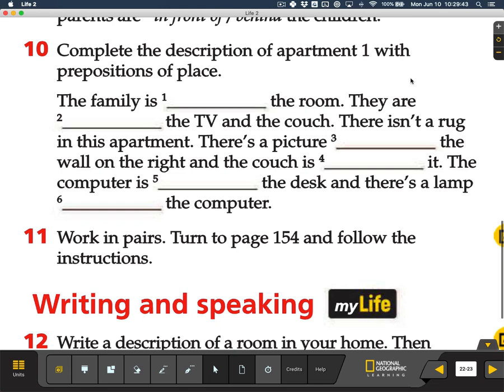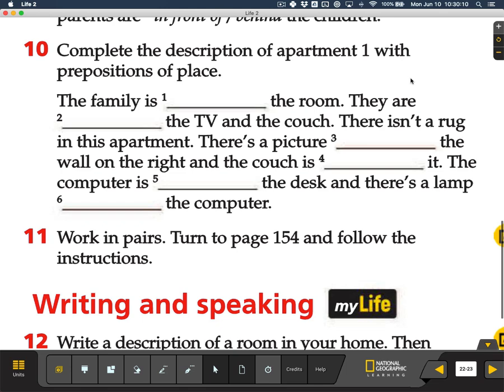There's a picture on the wall, good, on the right, and the couch is, so we're talking about a picture on the wall, and the couch is going to be under it, right? Or below. Under works. I like under.